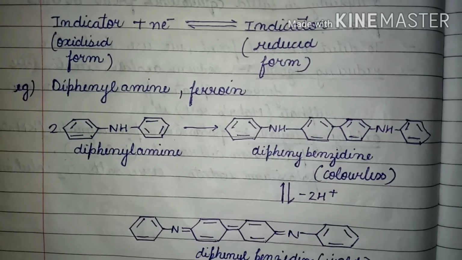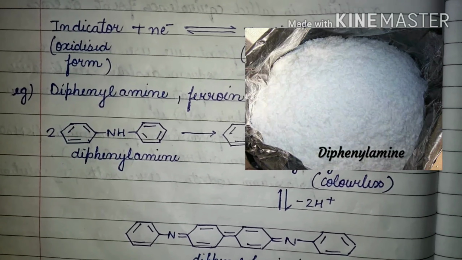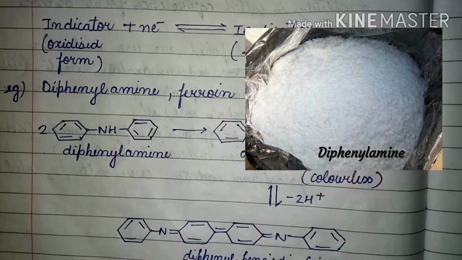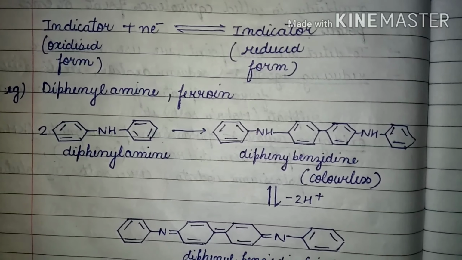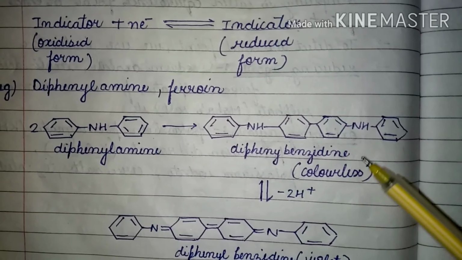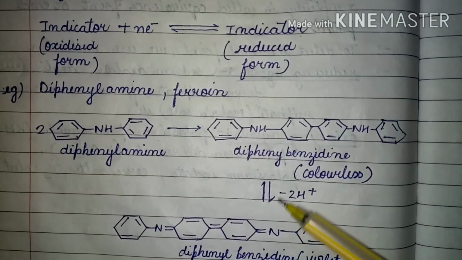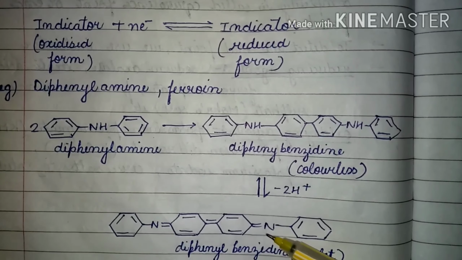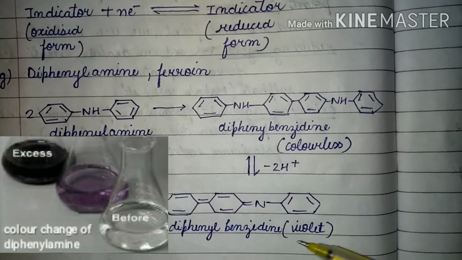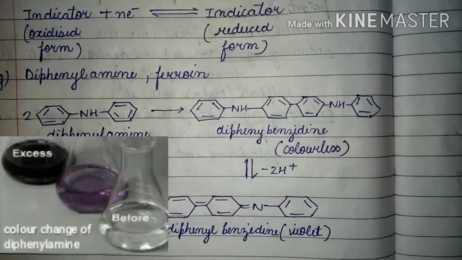Examples of such indicators are diphenylamine, ferroin, etc. I have given an example of diphenylamine and how it works as an indicator. The diphenylbenzidine, which is colorless in nature, will get reduced, and the reduced form gives a violet color. So it will indicate the endpoint of that titration reaction.